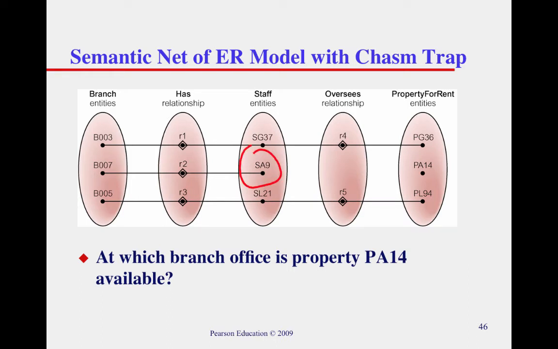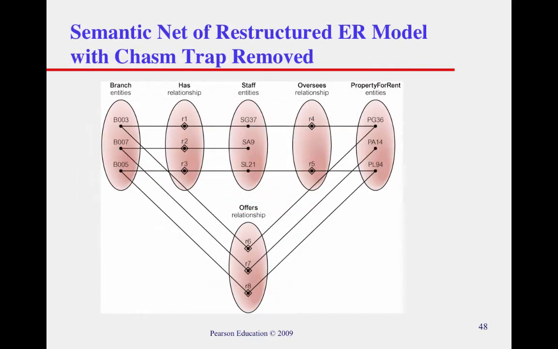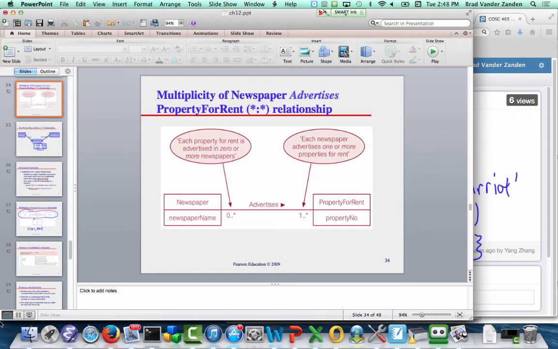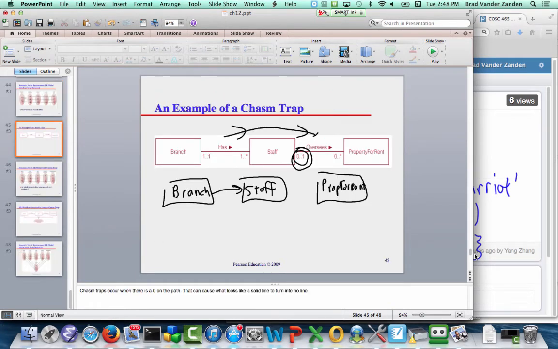That actually shows the true state of affairs. SA9 really is not managing anything. The information that was lost here is that property PA14 is associated with branch 7, but we don't see it. Okay. So that takes care of that.